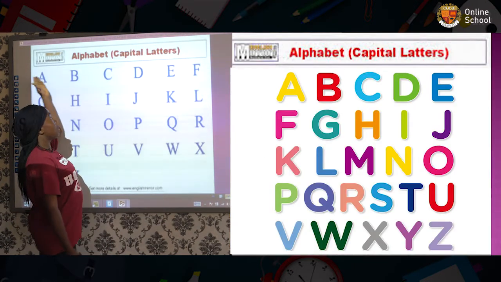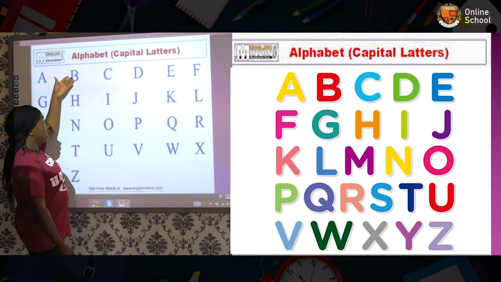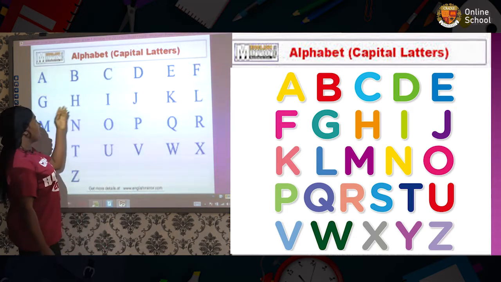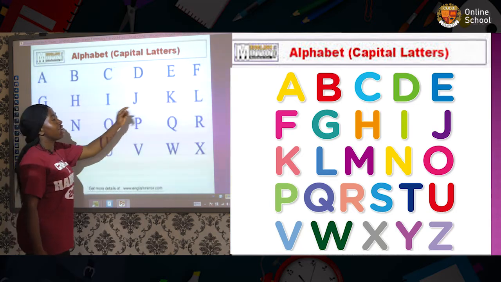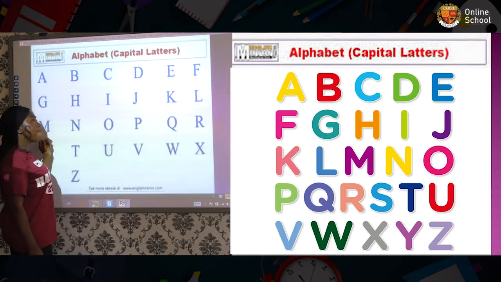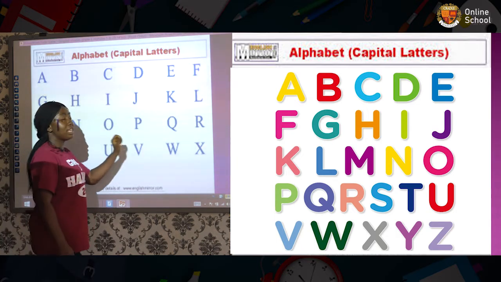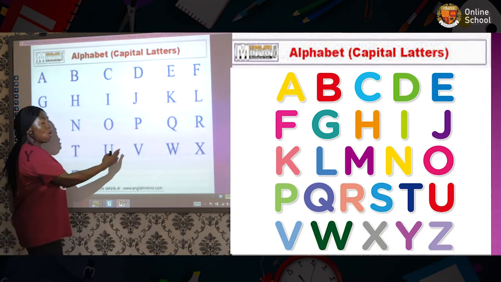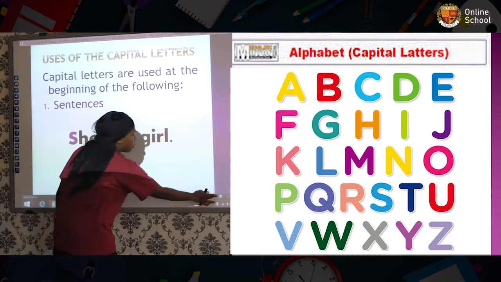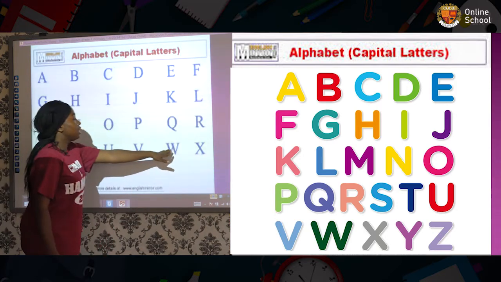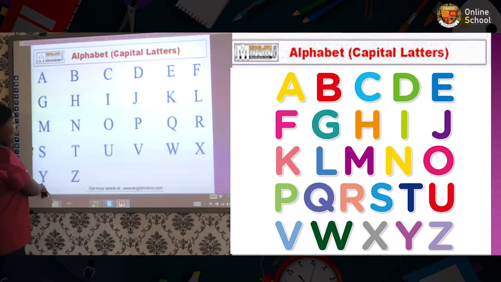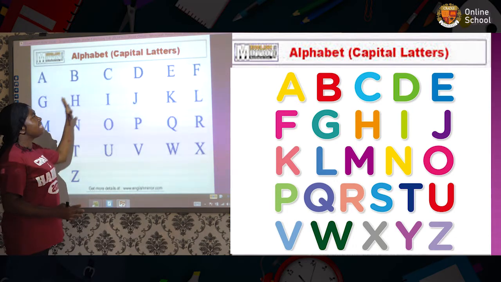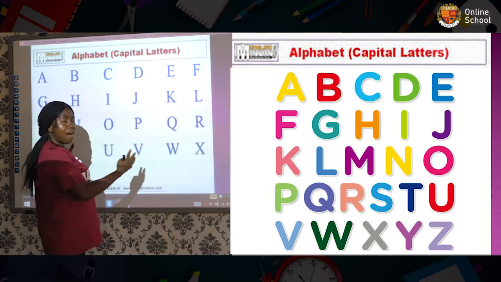Just as we have letters A, B, C, D, E, F, G, H, I, J, K, L, M, N, O, P, Q, R, S, T, U, V, W, X, Y, and Z. These are all capital letters of the alphabet.